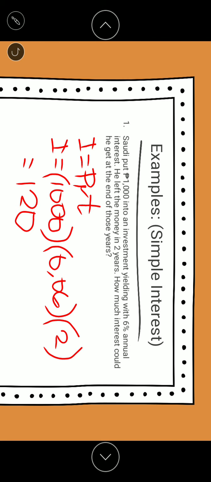Thus, Saudi could get 120 pesos interest in 2 years. So we solve the example number 1 of simple interest.